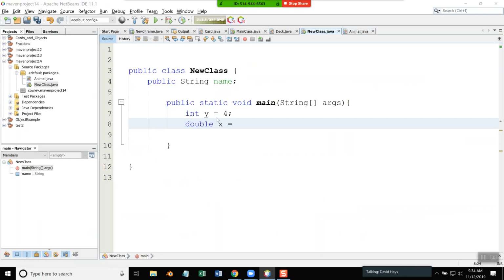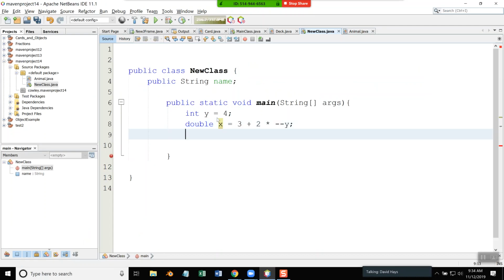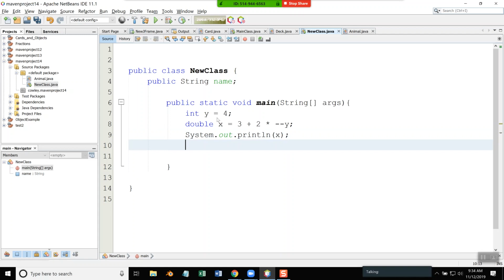Double x equals 3 plus 2 times that, and System.out.println x, then run it.